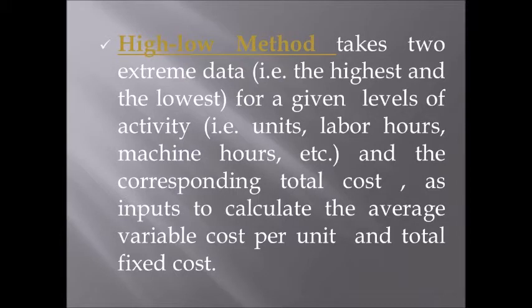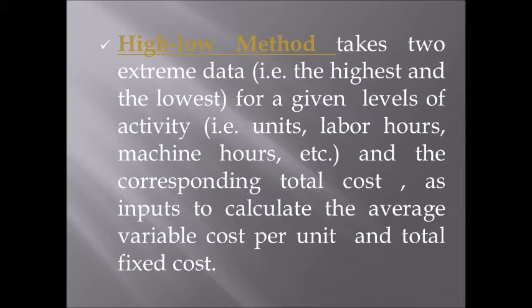The high-low method takes two extreme data points, the highest and the lowest, for a given level of activity (units, labor hours, machine hours) and the corresponding total costs as inputs to calculate the average variable cost per unit and then the total fixed cost.